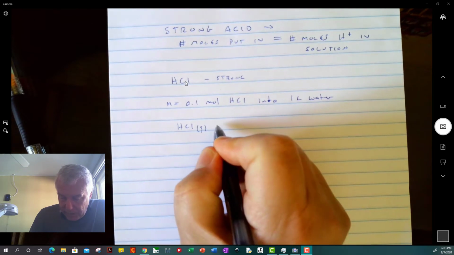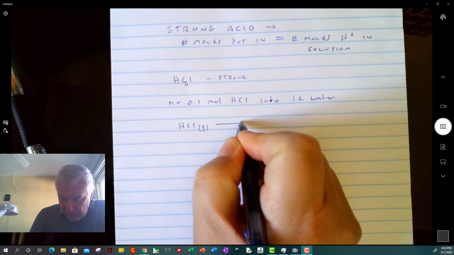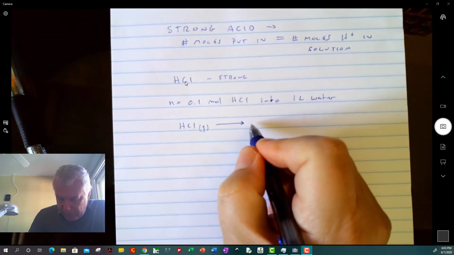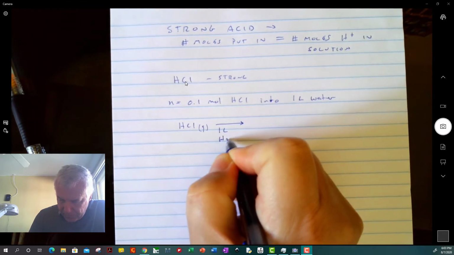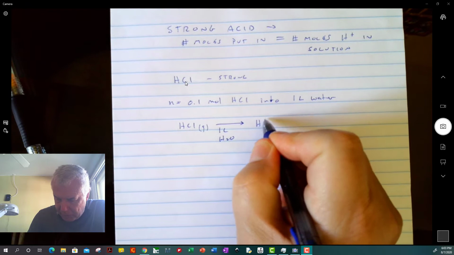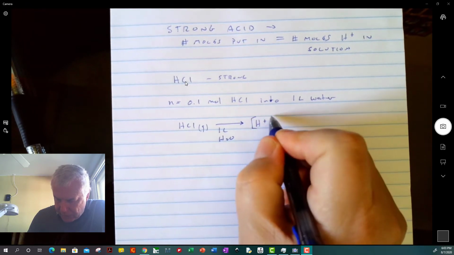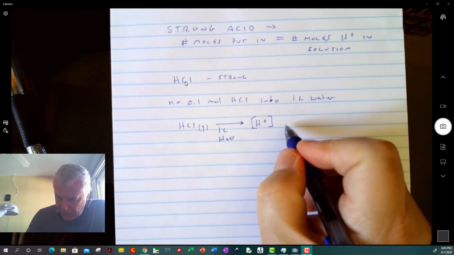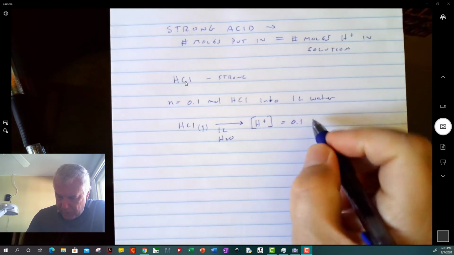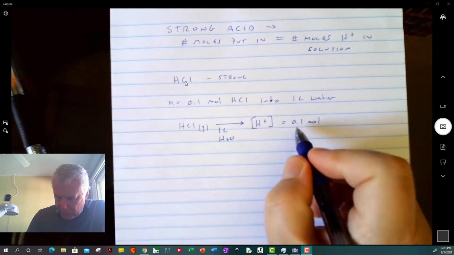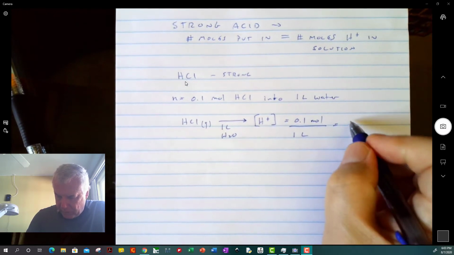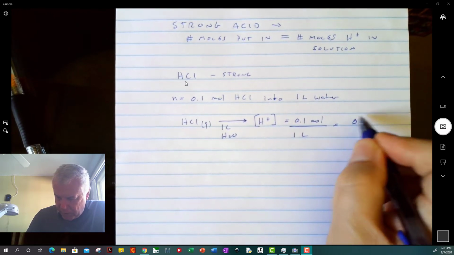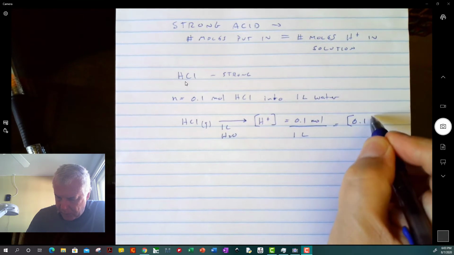And you can add it to the water, and you will get H+ ion concentration equal to 0.1 moles divided by 1 liter will equal 0.1 molar.